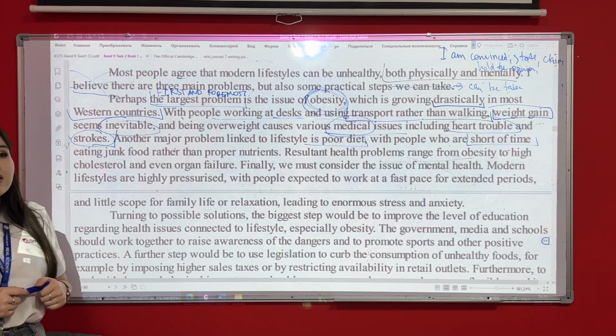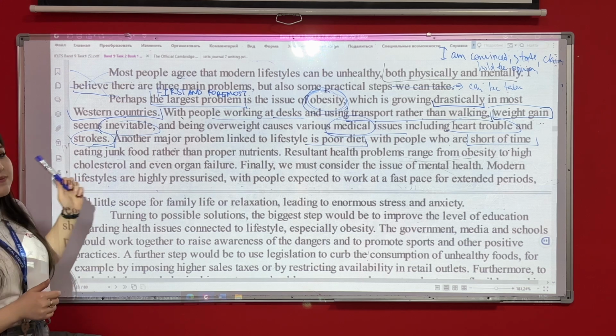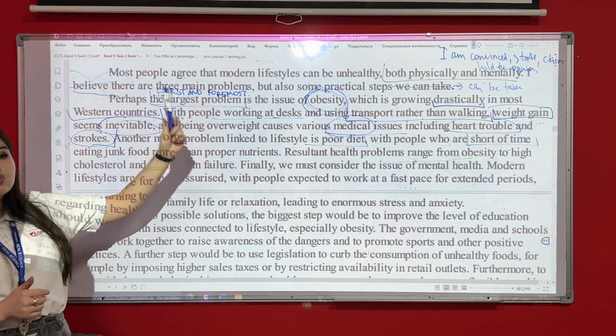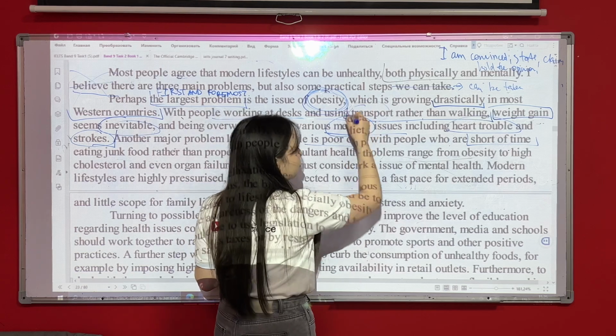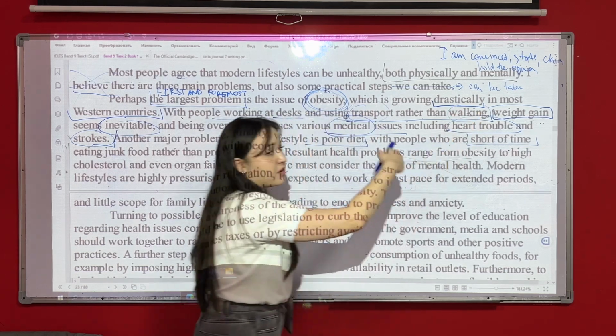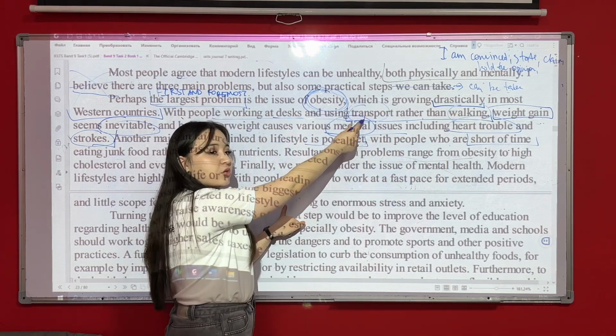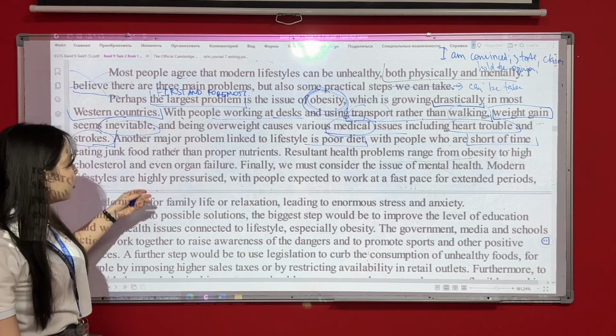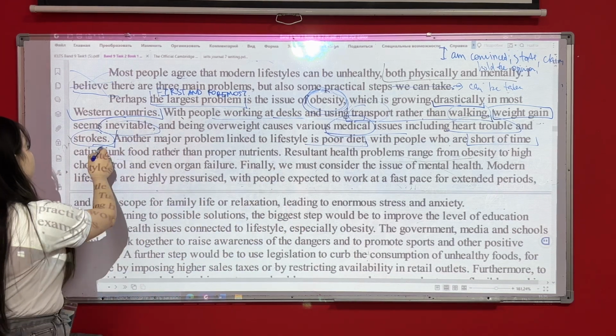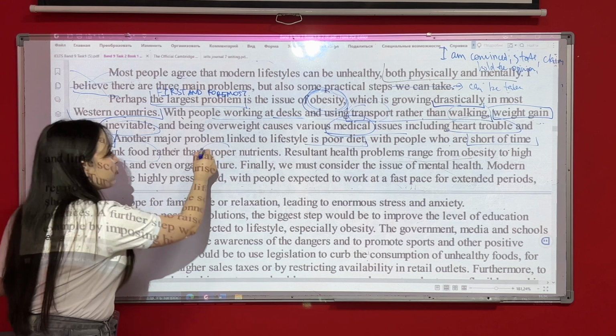So they are again saying that they prefer something harmful to something which will be beneficial for them, right? So this was harmful: using transport rather than walking. Walking was beneficial for their health, transport was damaging their health, right? So yes, harmful. Again, here they said eating junk food rather than proper nutrients.